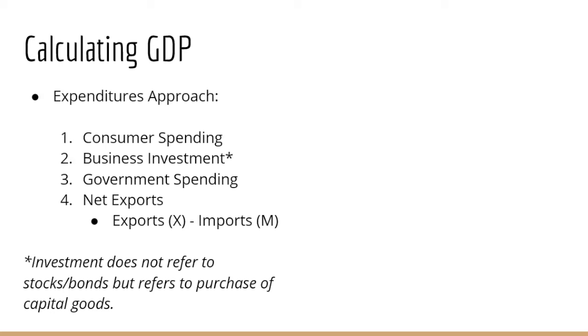We can use a simple equation here. These 4 components all add up to give us our GDP number.